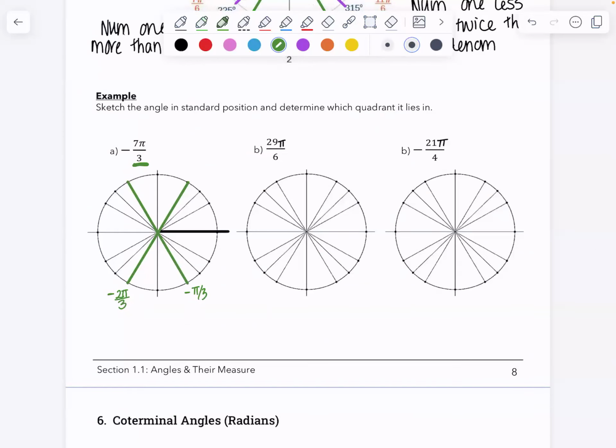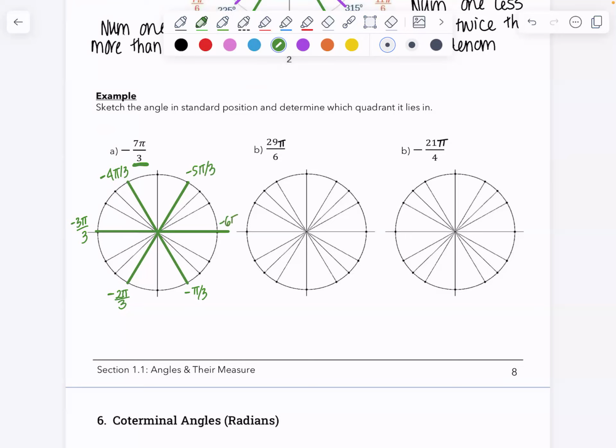And if you really wanted, right here you could split it up into pi over 3s completely and say negative 3 pi over 3. We know that this is really supposed to be negative pi, but negative 3 pi over 3. Negative 4 pi over 3. Negative 5 pi over 3.